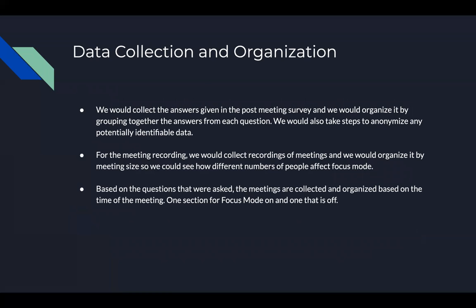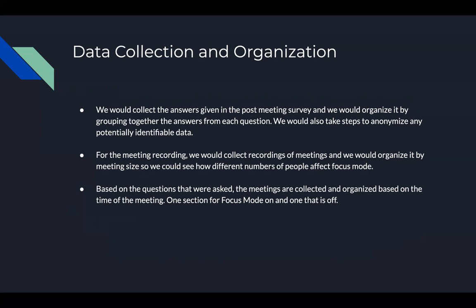And this is how we would handle data collection and organization. So we would collect the answers given in the post-meeting survey, and we would organize it by grouping together the answers from each question. We would also take steps to anonymize any potentially identifiable data.